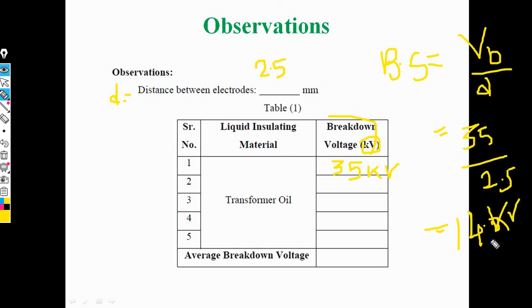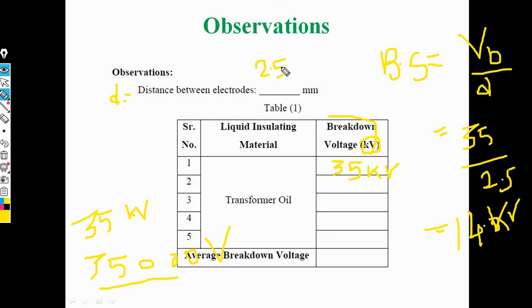The 35 is a voltage level and it is measured in kilovolt. What is the meaning of kilovolt? 35 kilovolts means the exact voltage level used is 35,000, and this is the voltage used as the breakdown voltage.